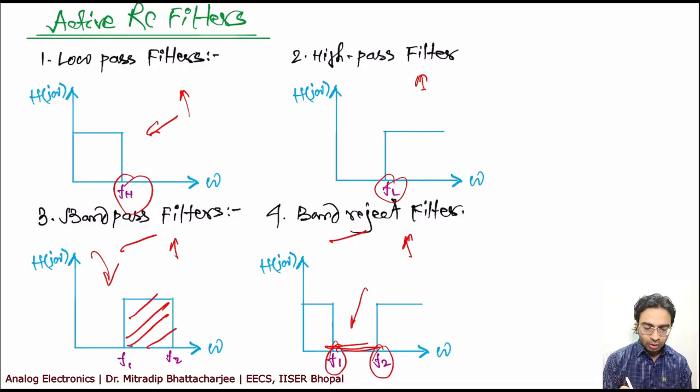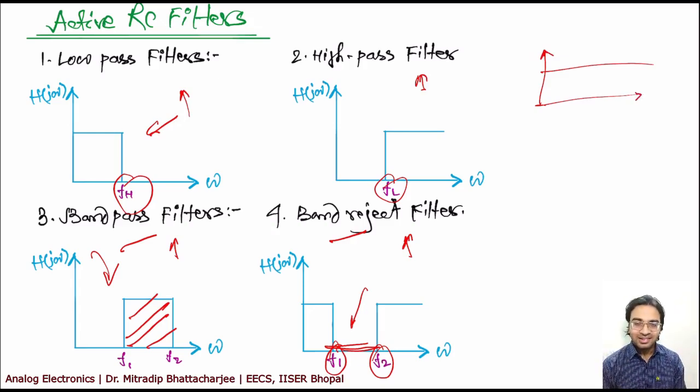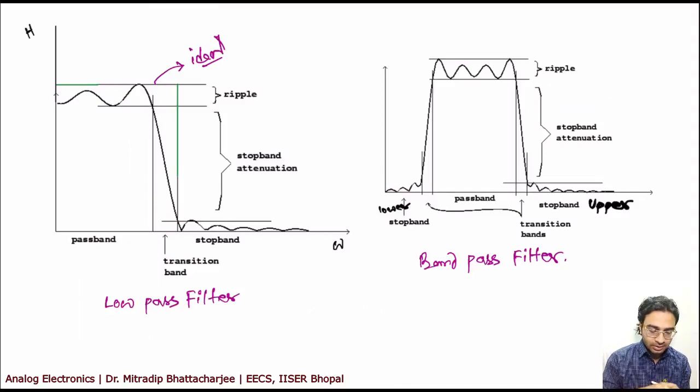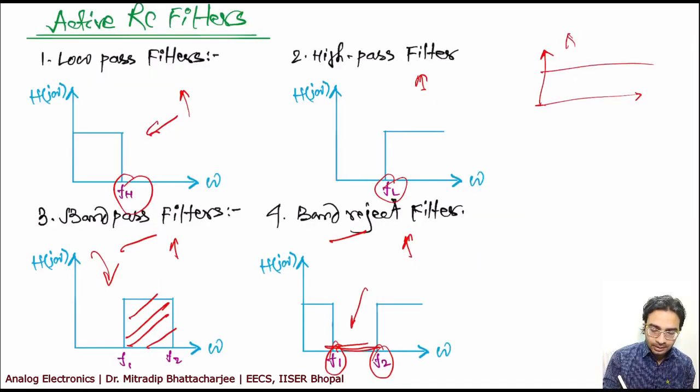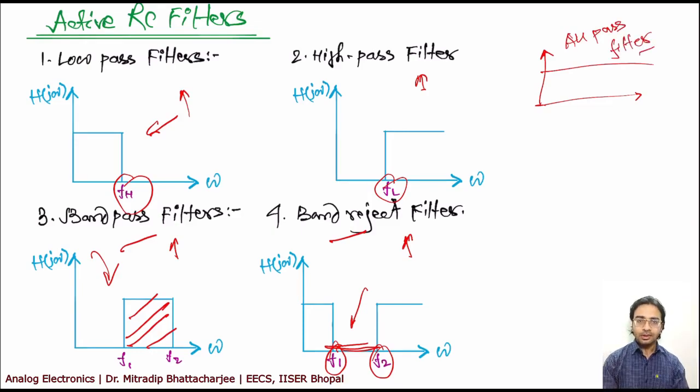There is another filter called the all pass filter, which allows everything. In the case of an all pass filter, the filter allows every frequency. Now there is a question that obviously people will ask: why do you need an all pass filter?